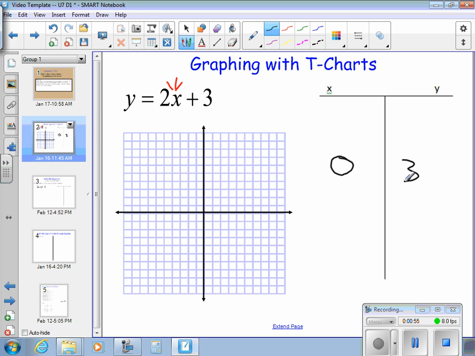Okay, so let's try another value. Let's try 2. So 2 times 2 is 4, plus 3 is 7. Okay, let's try 4.